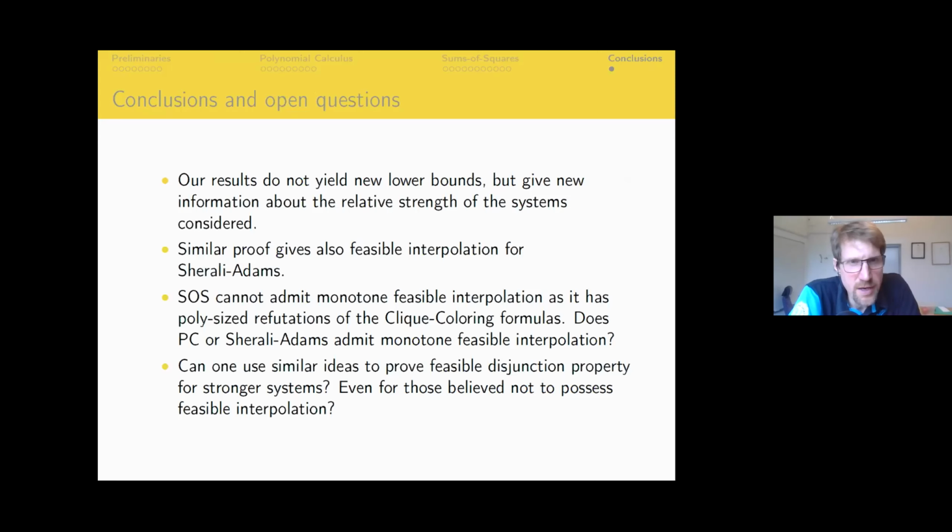And when you say monotone feasible interpolation, you're thinking about dumping proofs to monotone Boolean circuits. Yes. Because there is also, wait, I should know this, but I don't. For polynomial calculus, there is some kind of interpolation to, what is it?